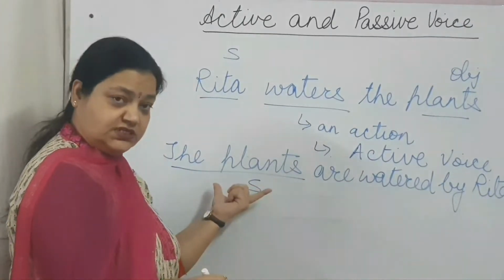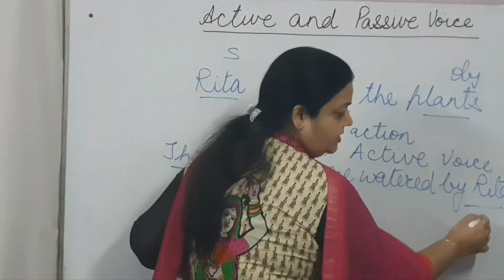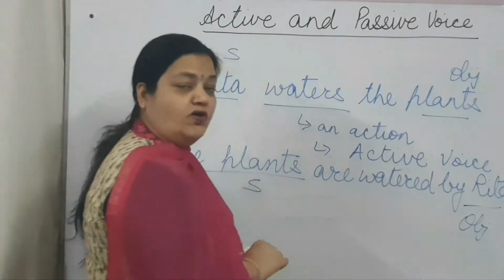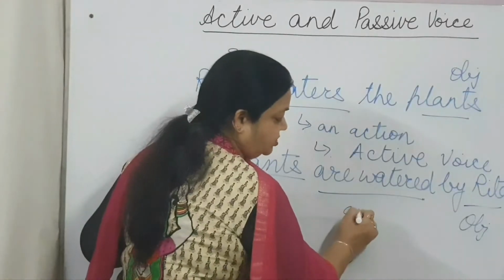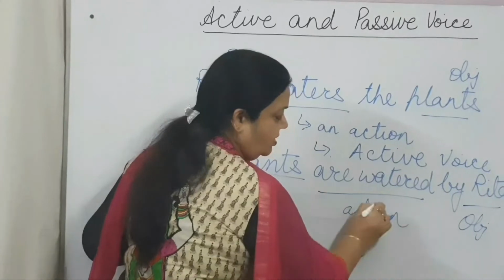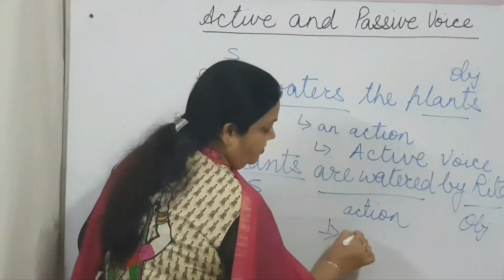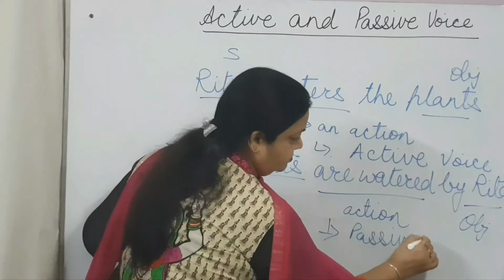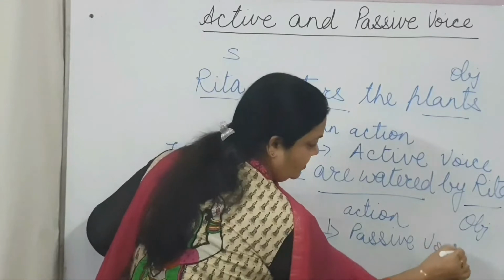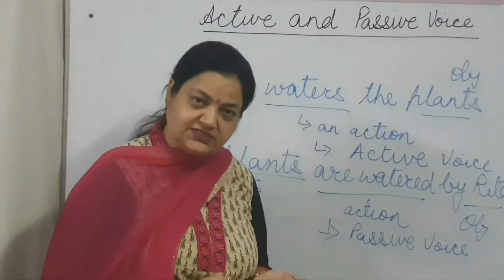They are the receivers here. They are affected by the action done by Rita, who has taken the place of the object. So are watered is the action or the verb. Here this verb is said to be in the passive form, or in the passive voice.